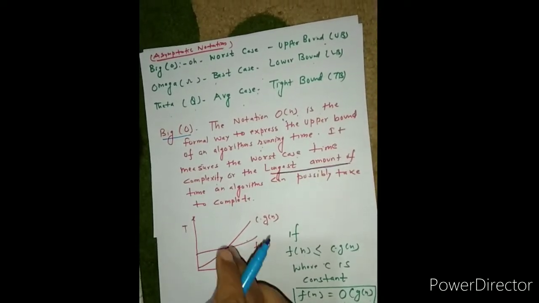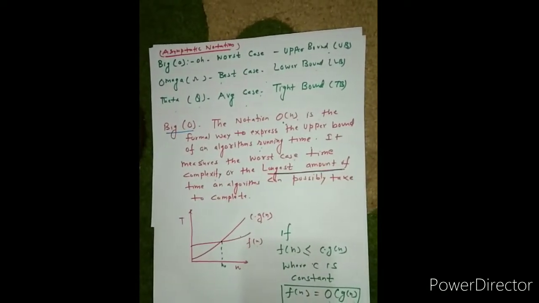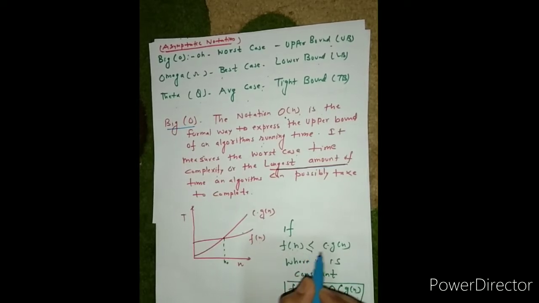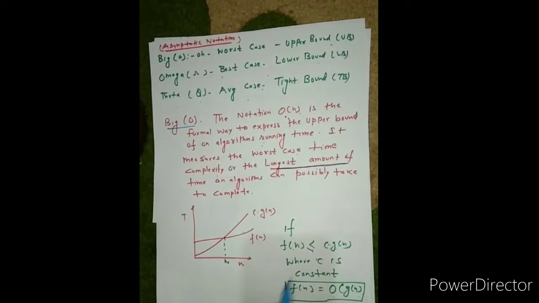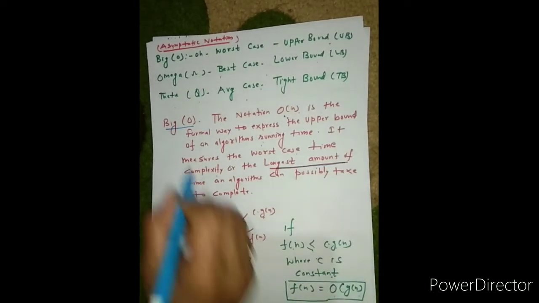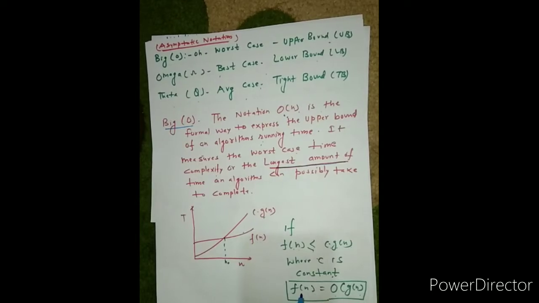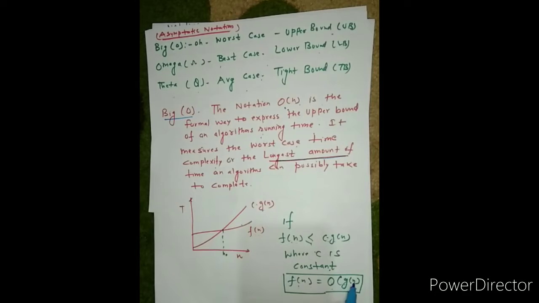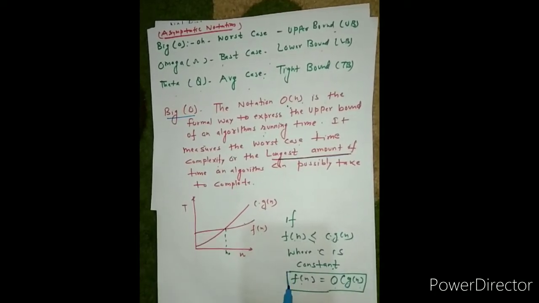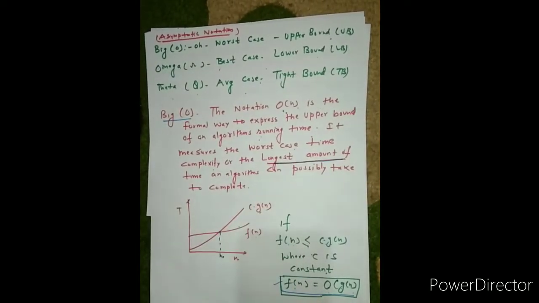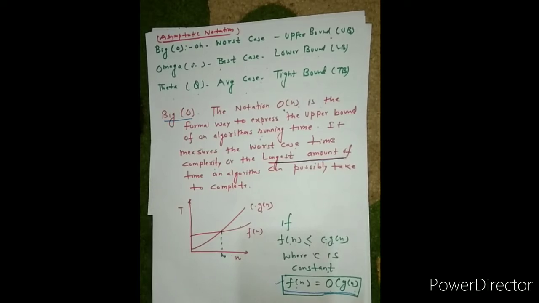If f of n is less than or equal to c dot g of n, where c is a constant, then f of n equal to order of g of n. So you have to find the range. Using this formula we solve the problem or find the complexity.